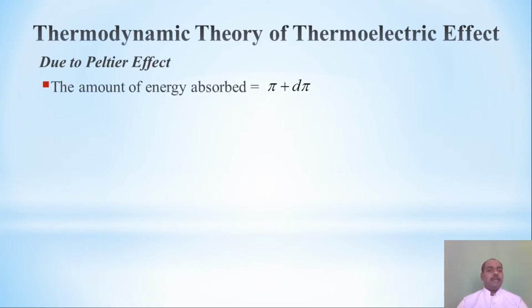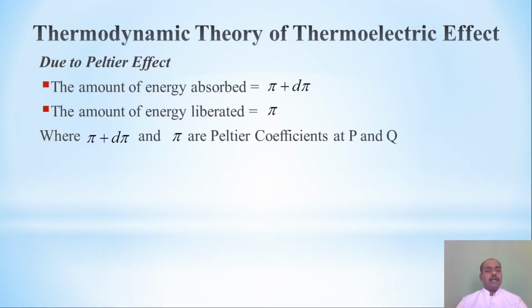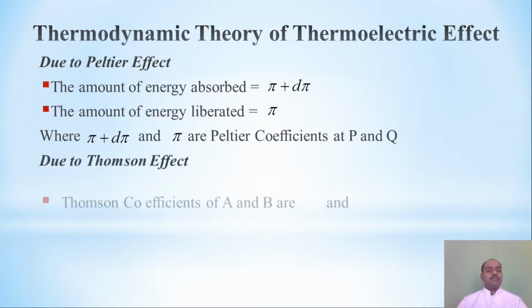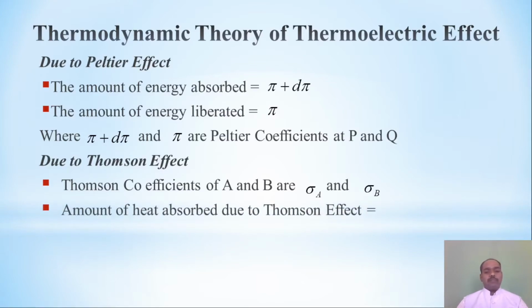The amount of energy liberated at junction Q is pi, where pi plus d pi and pi are Peltier coefficients at P and Q. Due to Thomson effect, with Thomson coefficients of A and B being sigma A and sigma B, the amount of heat absorbed is equal to sigma A minus sigma B into dT.